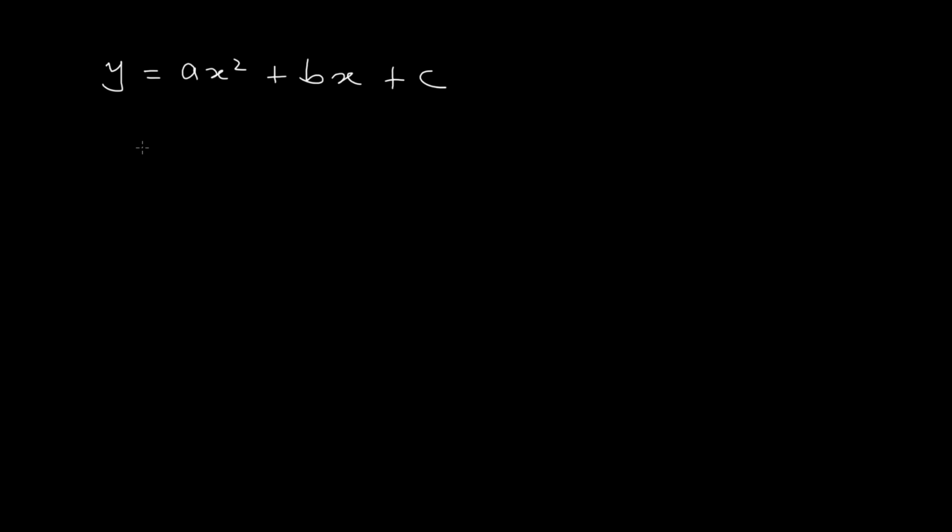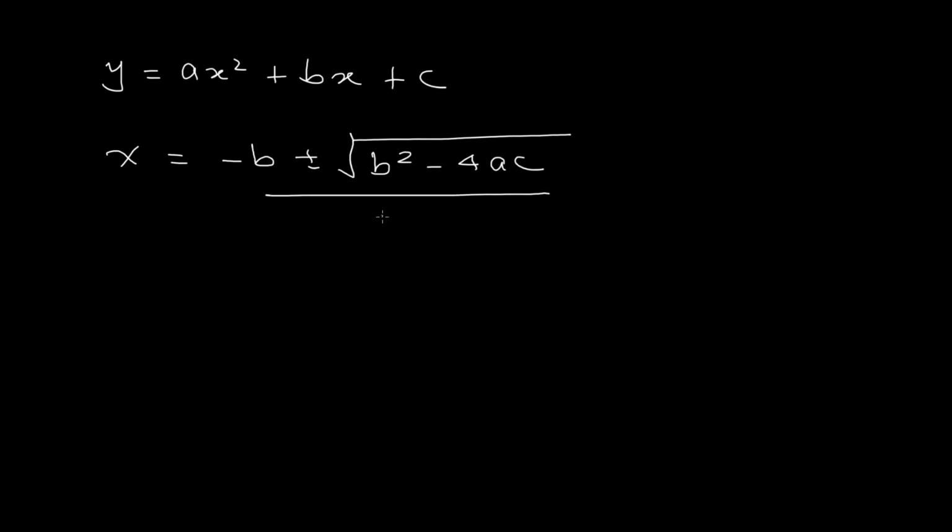But the values for x, we'll get them through the factorization method, or completing the square, or this one. Doesn't matter as long as you're doing it correctly. So you get your x values.